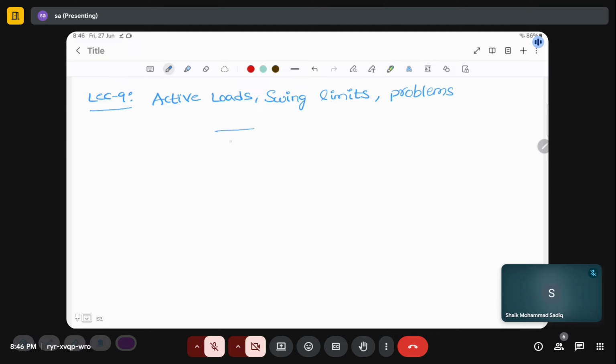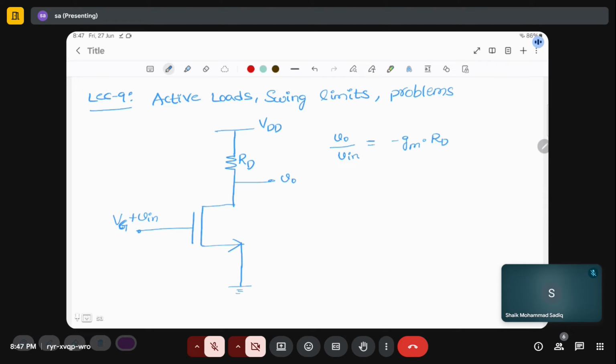So if we consider the common source amplifier, what is the small signal gain? It is minus gm RD.